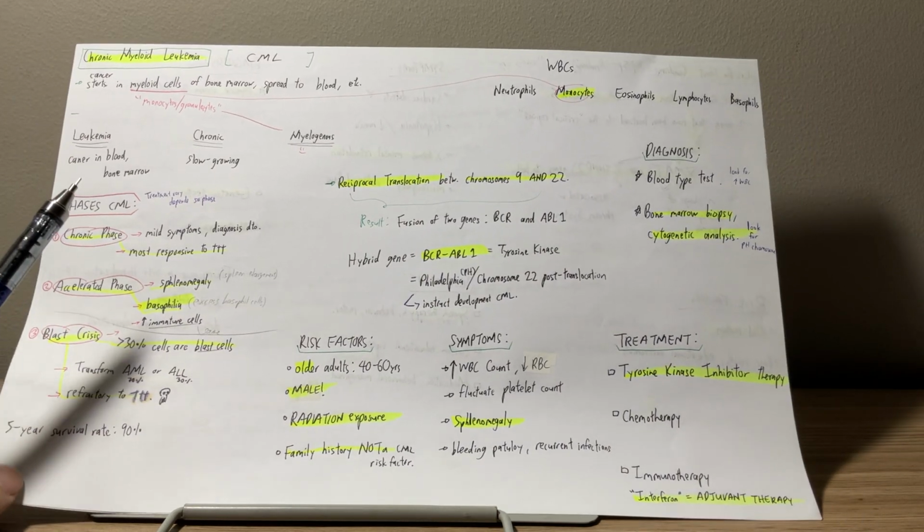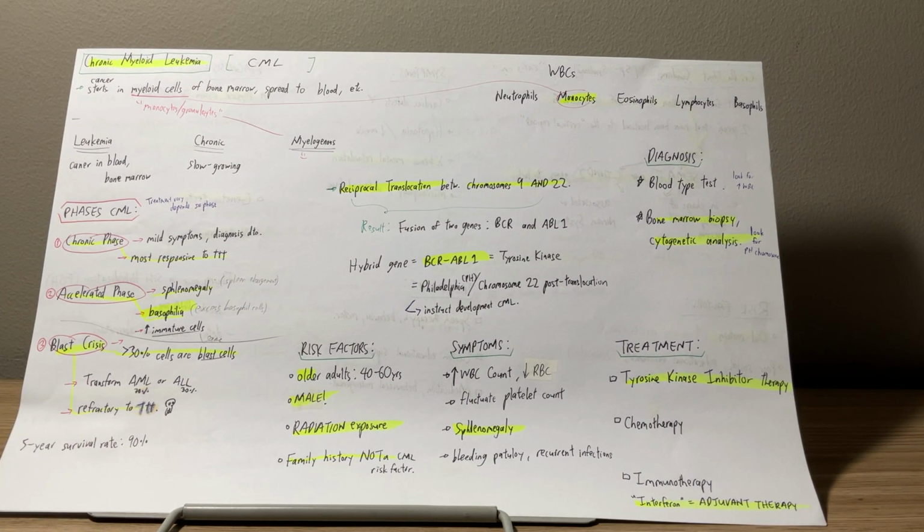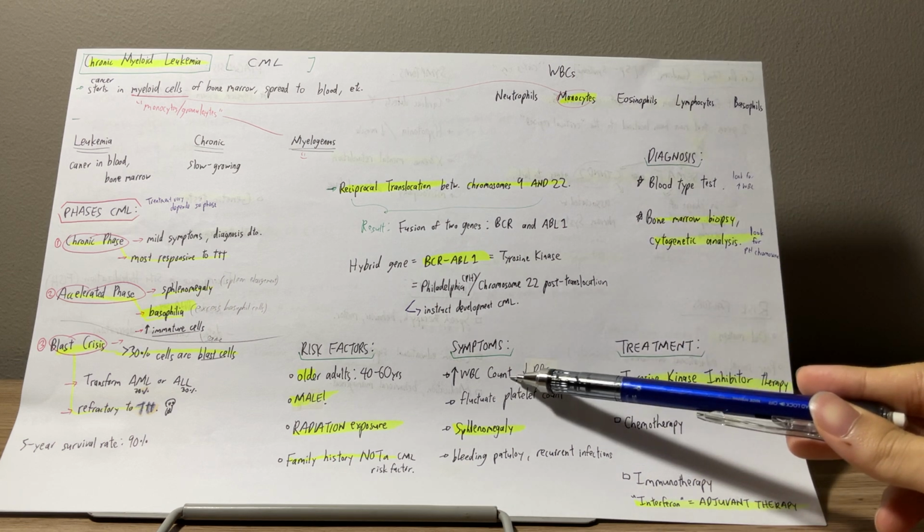Now, what is the solution? How do we diagnose leukemia or CML? So we undergo a blood test. You have to look for an increase in white blood cells because again, that is a symptom.